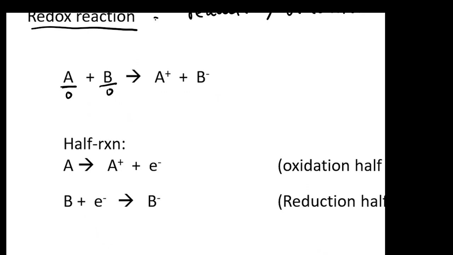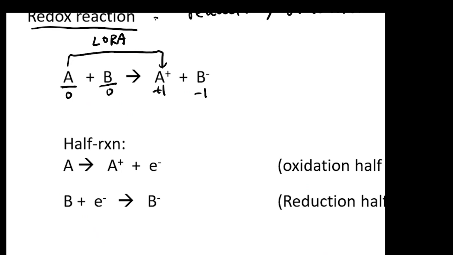Plus 1. B-? Negative 1. A becomes A+, so the oxidation number goes from 0 to 1. So it undergoes oxidation. Therefore, this is your LORA. It lost electrons, got oxidized, can serve as a reducing agent, and this reaction will always happen at the anode.